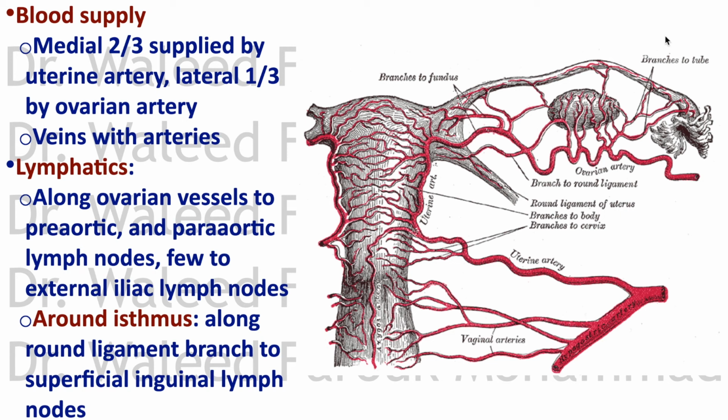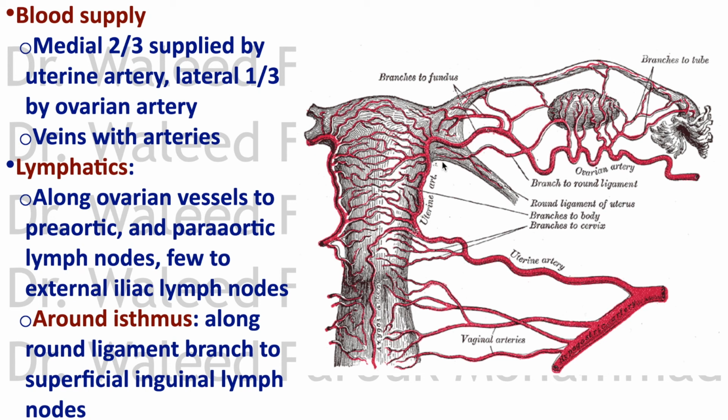This will drain into the inferior vena cava and left renal vein, and this will drain into the internal iliac vein. Totally different. The lymphatics run along the ovarian vessels, so they will reach the pre- and para-aortic lymph nodes because the vessels arise from the aorta, and a few to the external iliac lymph nodes.